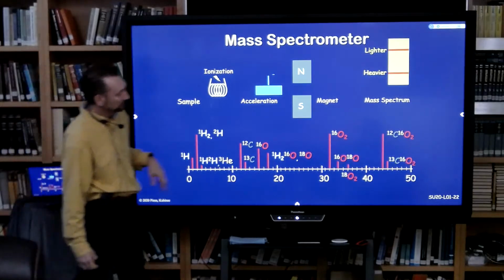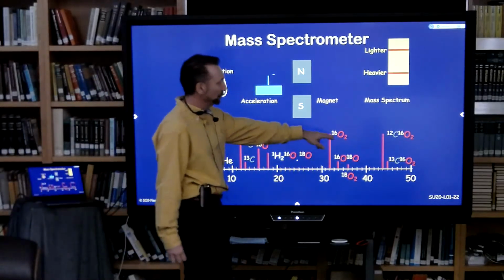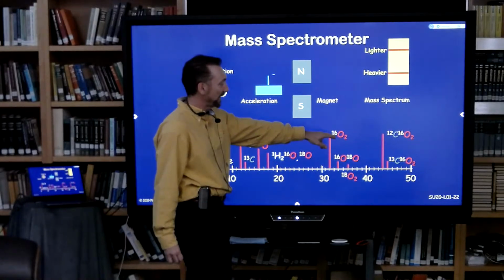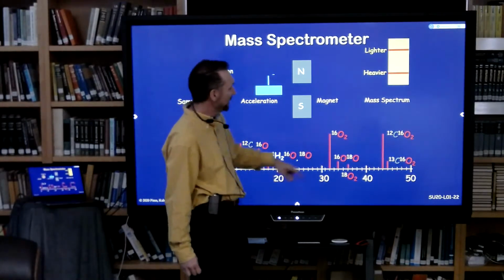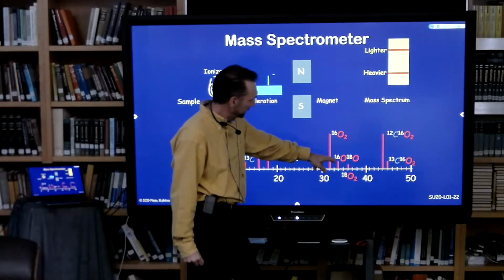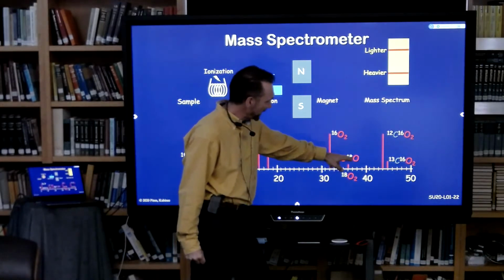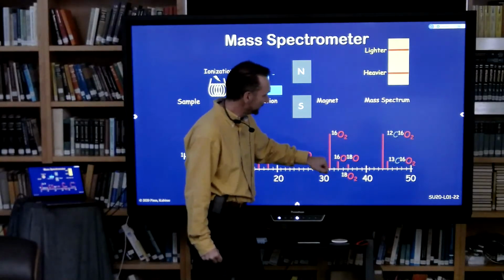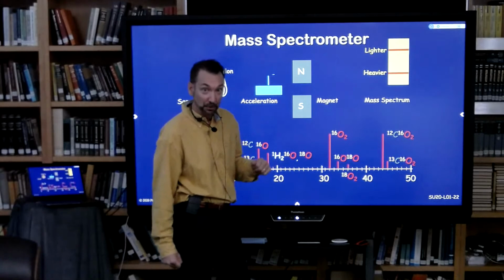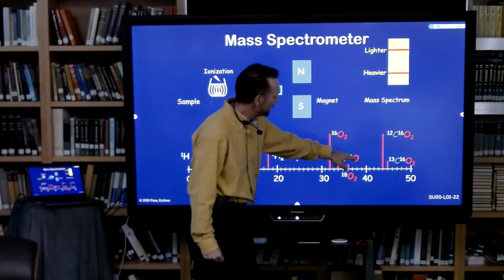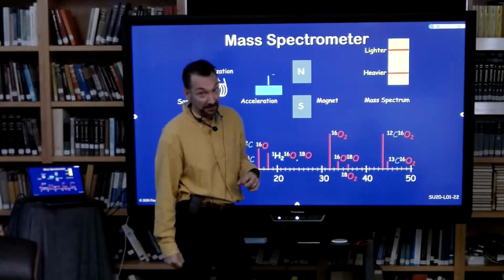And we'll keep going. So here at 32, we just saw that relative mass, an oxygen molecule, both of them 16. But you could also have oxygen 16 and oxygen 18. So those are isotopes. This oxygen is a heavier isotope. It has 2 extra neutrons in the nucleus, but it's still oxygen.